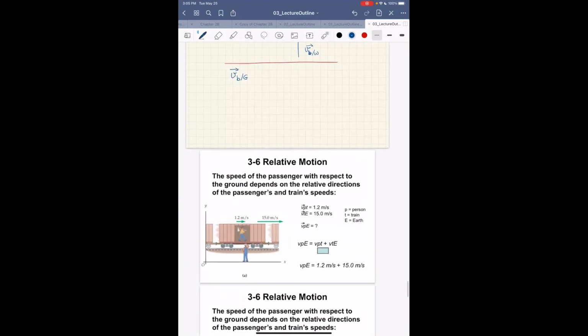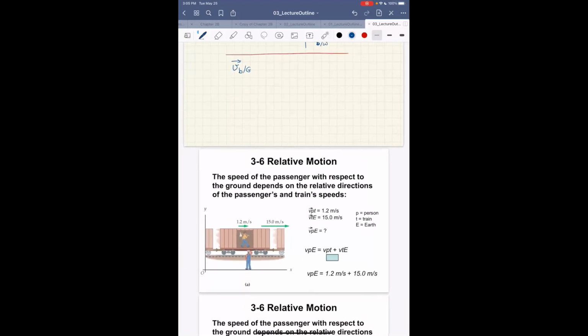And here, this is applied. The speed of the passenger with respect to the ground depends on the relative directions of the passenger's and the train's speed. This is the velocity of the passenger with respect to the earth. We are using here the earth. And that is the velocity of the passenger with respect to the train.